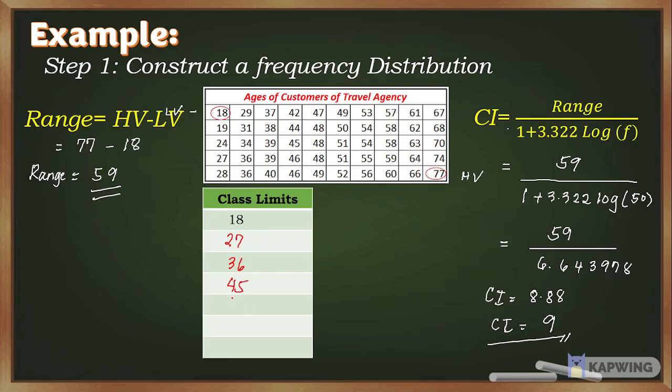Then 45 plus 9 is equal to 54. 54 plus 9 equals 63. And 63 plus 9 equals 72.